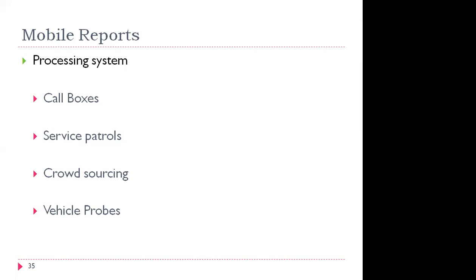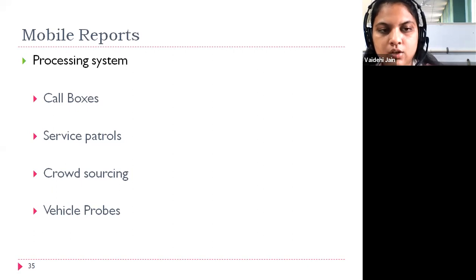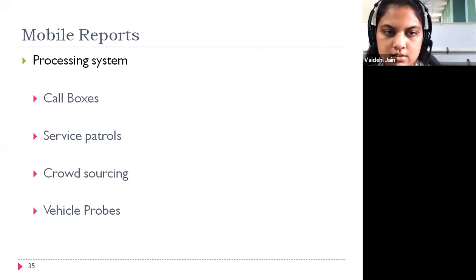If you want, the call boxes are there. This is one component of a mobile report generation processing system. In the call box, you just need to take the receiver and dial the number which is written over there, and you will get the information from the other side.